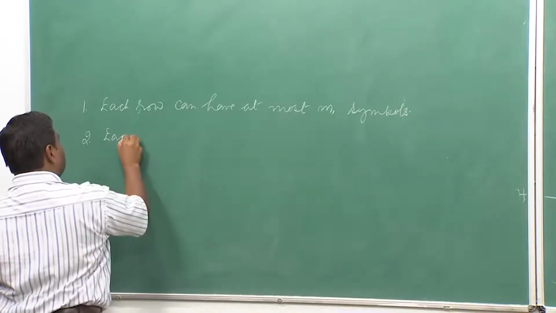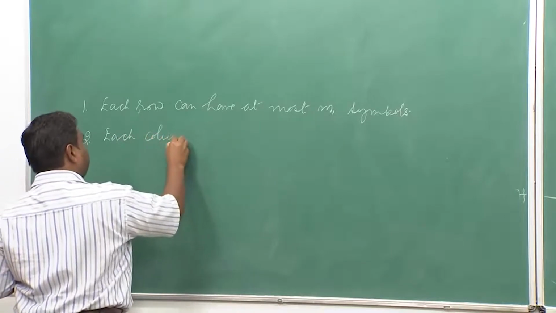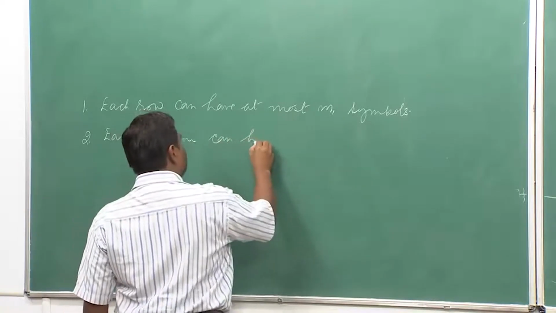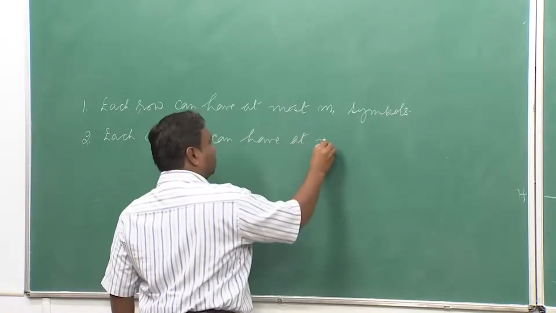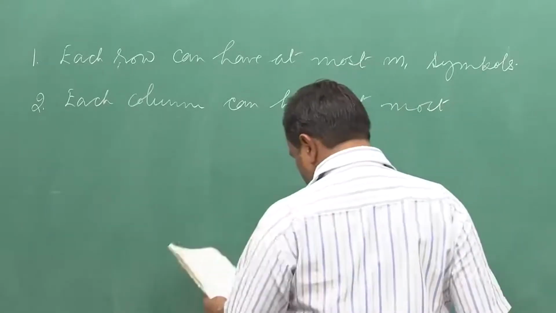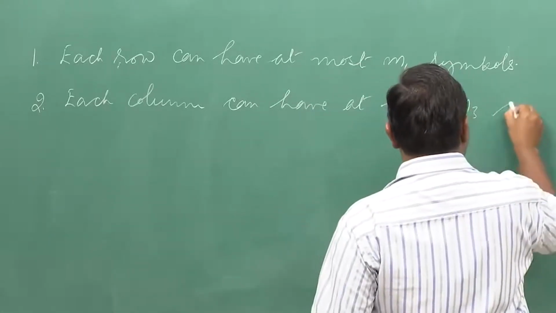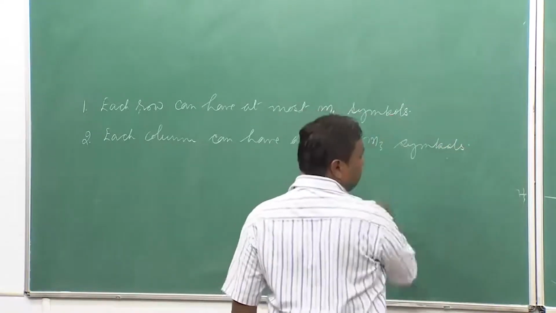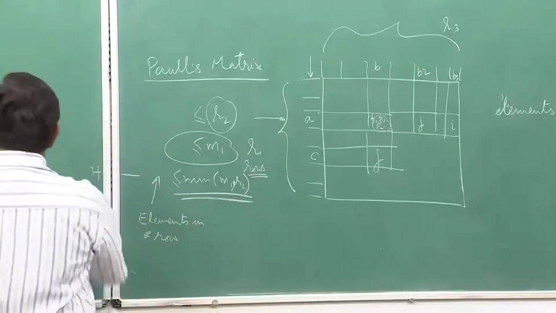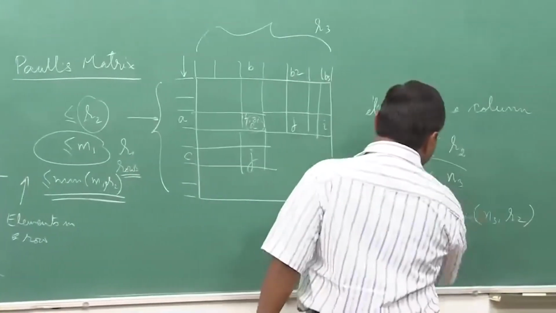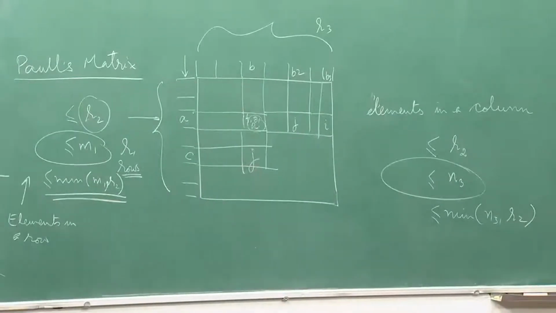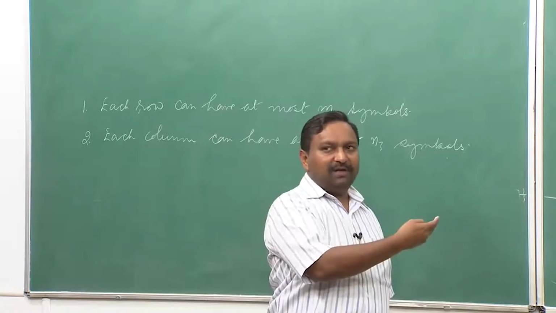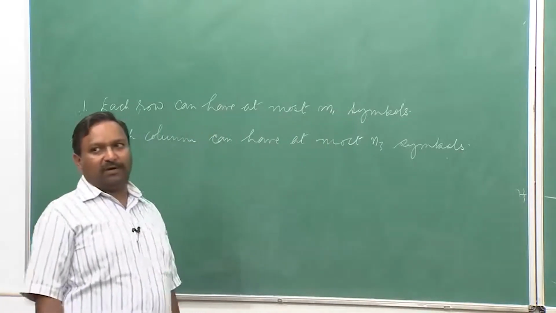Second is, each column can have at most N3 symbols. So, the first one corresponded to this, the second one corresponds to this statement. Okay. Again, this is because only those many output ports are available. So, only those many middle stage switches can be occupied or connected.